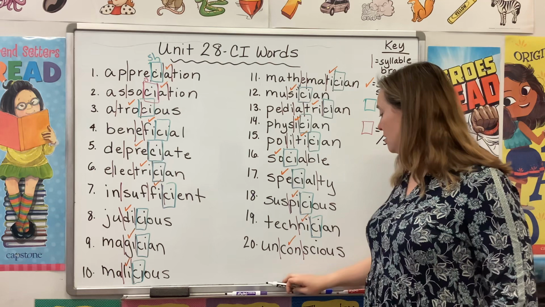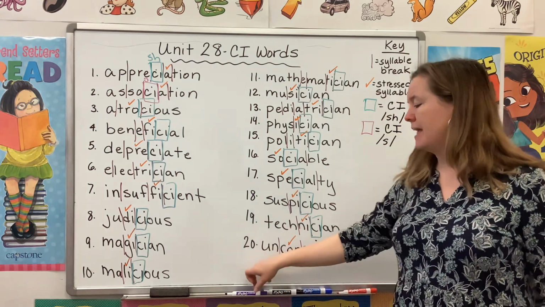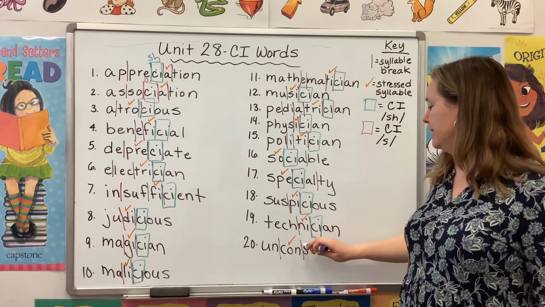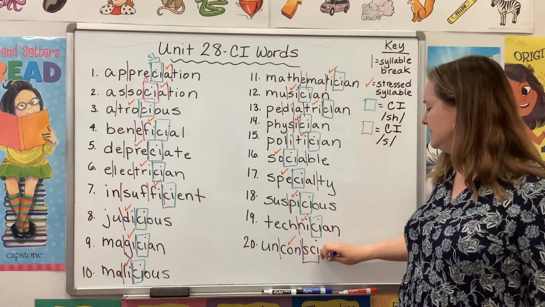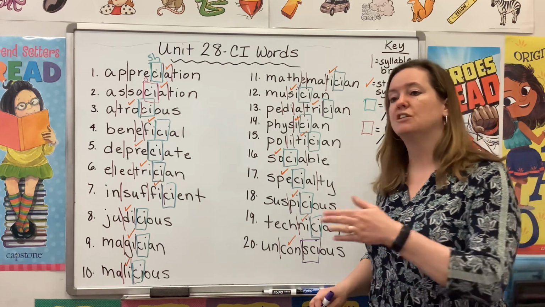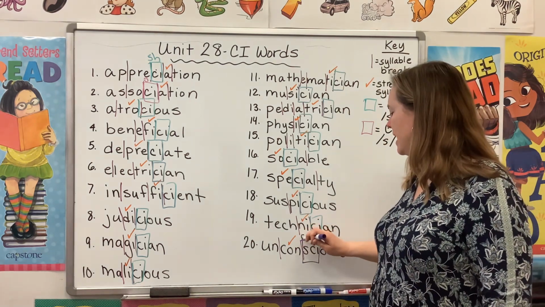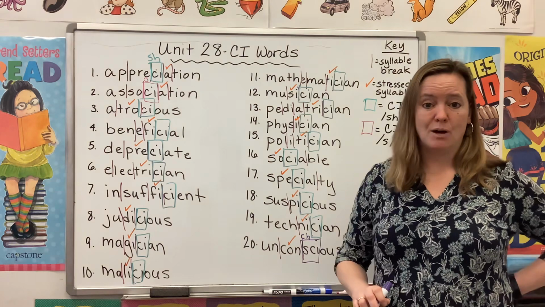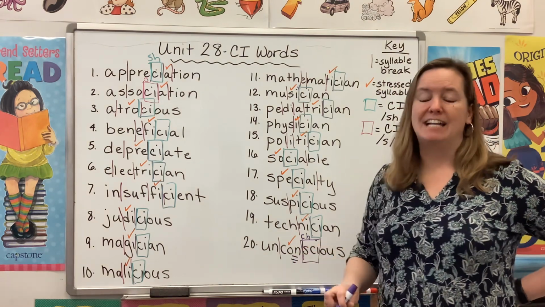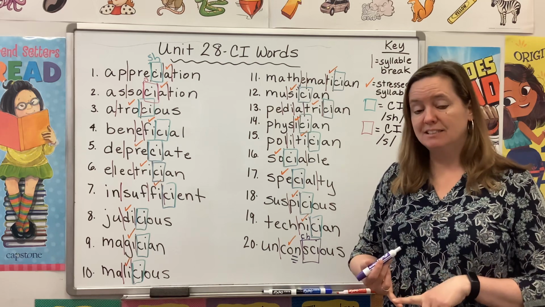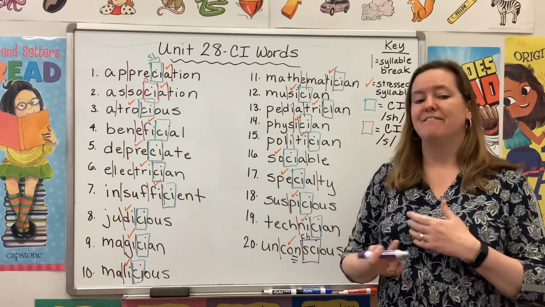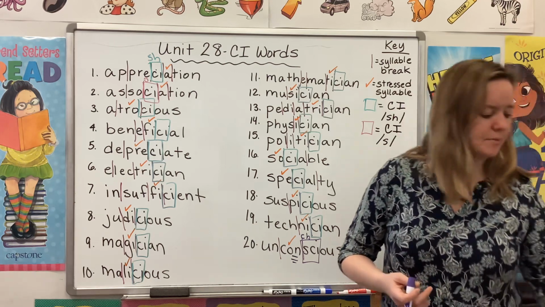And then I also skipped number 20. And that's because in the word unconscious, we have SCI, those three letters together. They make a ch sound, which is much more common after an N. Words like conscious, conscience, conscientious, financial.